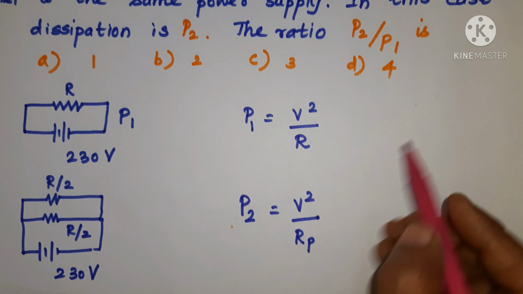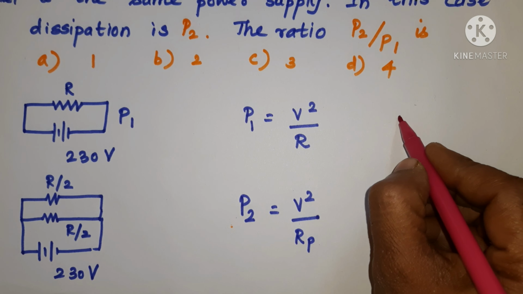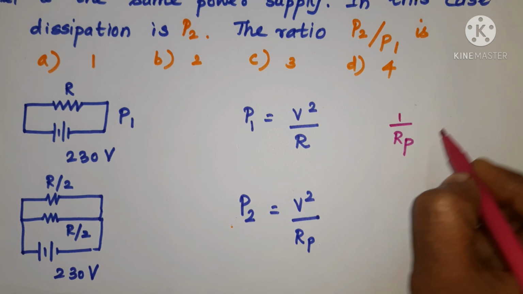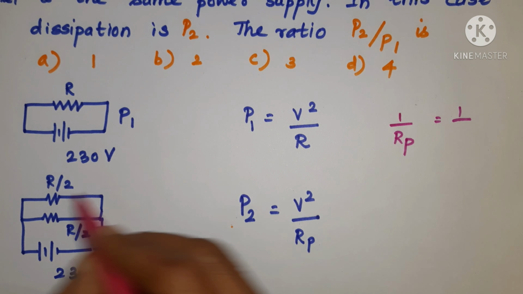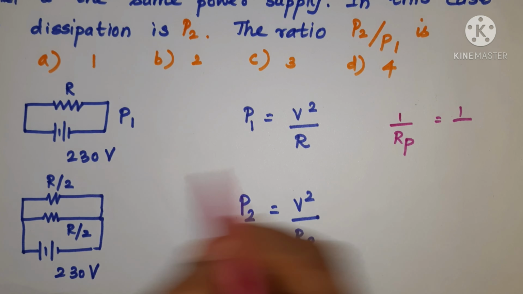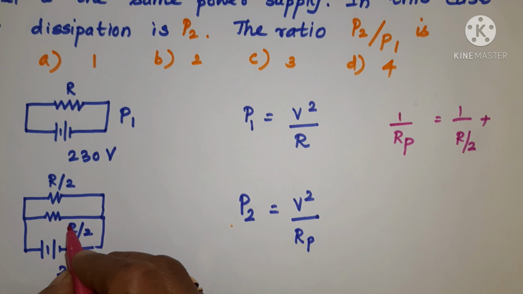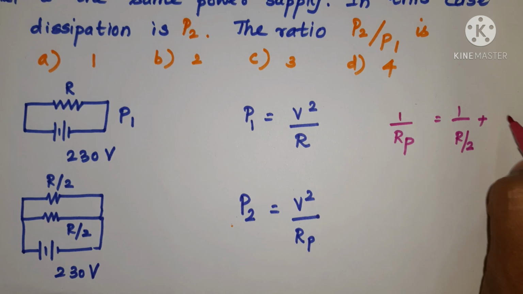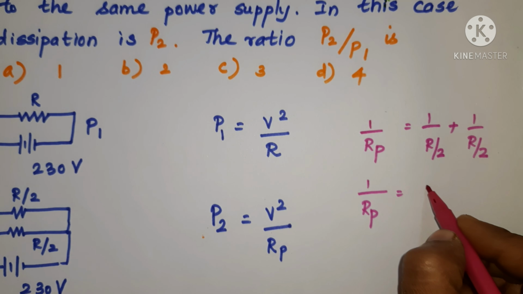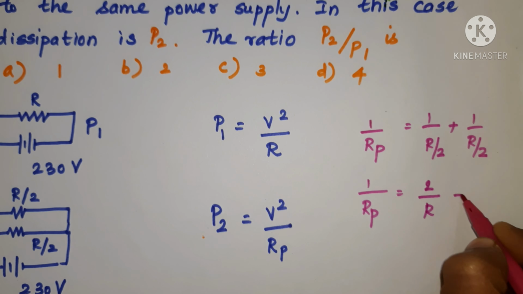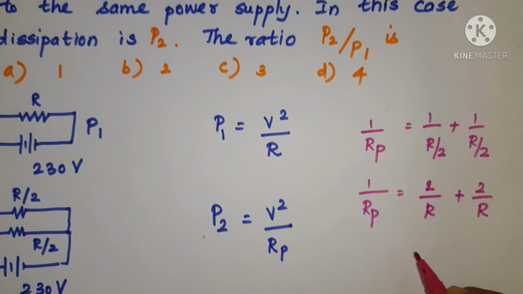From the diagram I have 1 by Rp is equal to 1 by this resistance R1, let me write here this to be R by 2, plus this resistance R2, second resistance, plus 1 by R by 2. It is 2 by R plus 2 by R here.